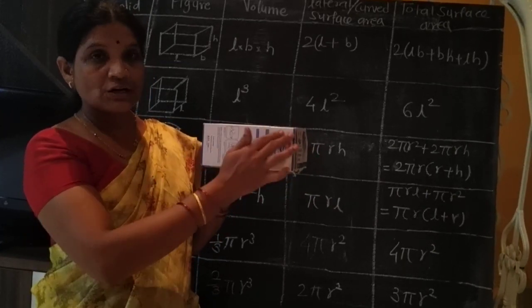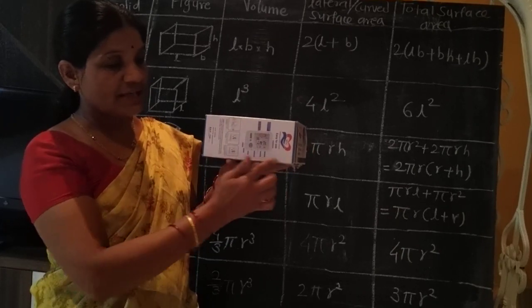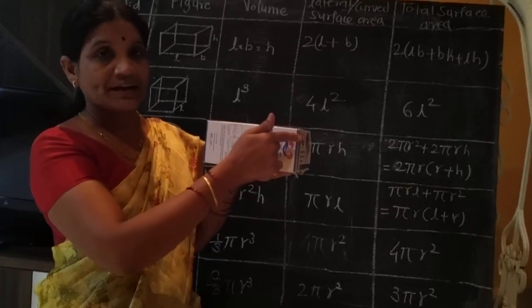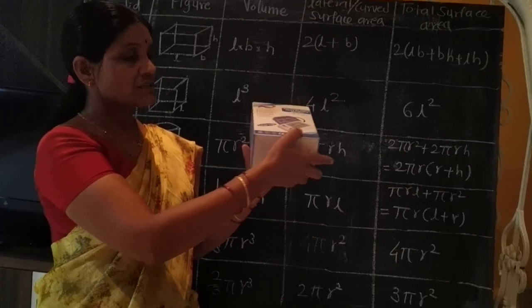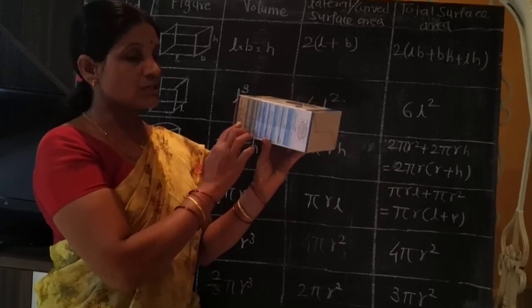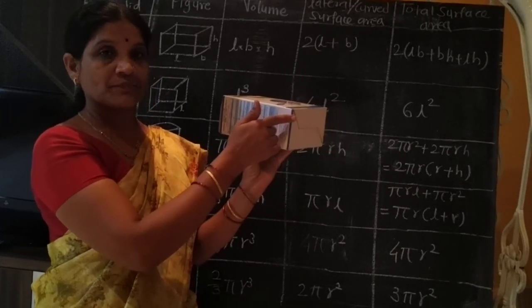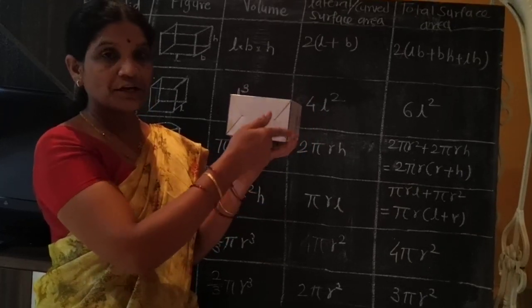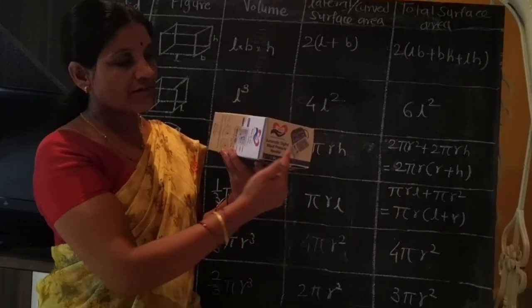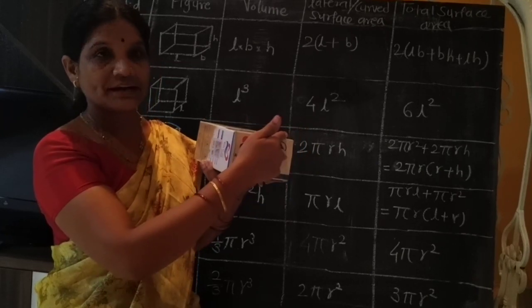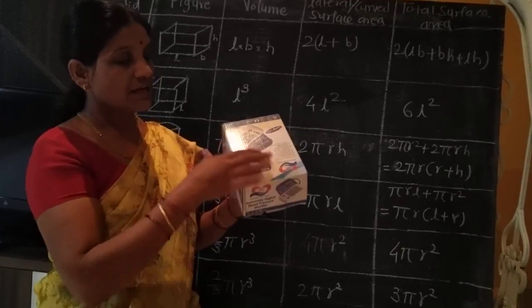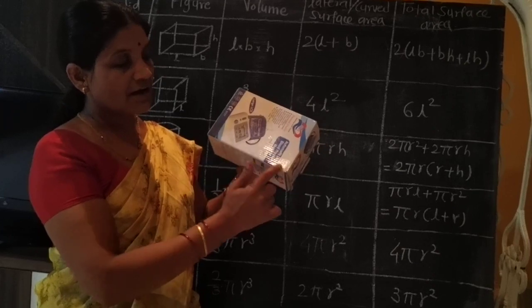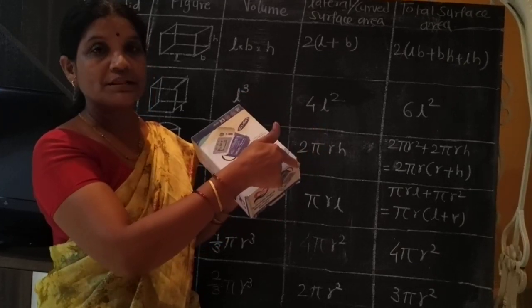The face which is in front is length into height. In the same way, this back surface is also length into height. This face has the area breadth into height. This is also breadth into height. And this face has the area length into breadth.